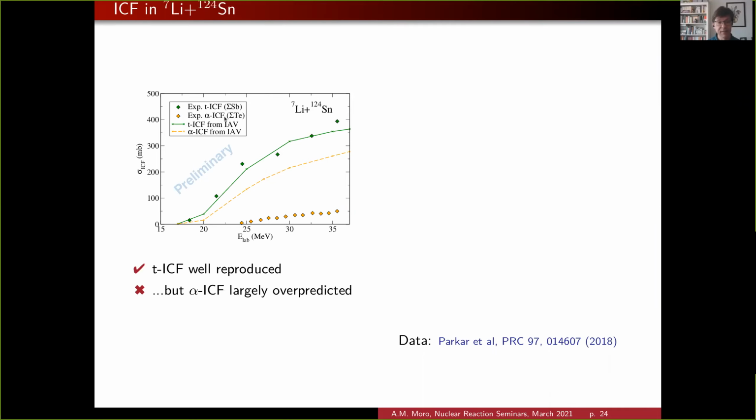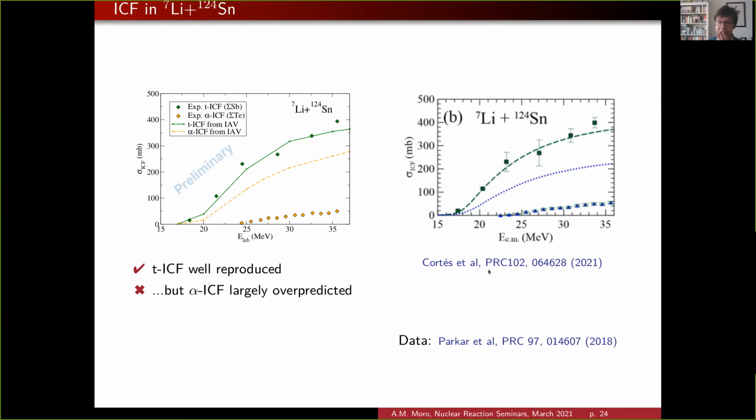But for the alpha capture, the alpha incomplete fusion, which in this publication is associated to these isotopes, the calculation overestimates the data. But this is taken from the publication of the group of Rio de Janeiro. So you see that qualitatively they are very similar. The energy here is center of mass. The data in principle are the same.